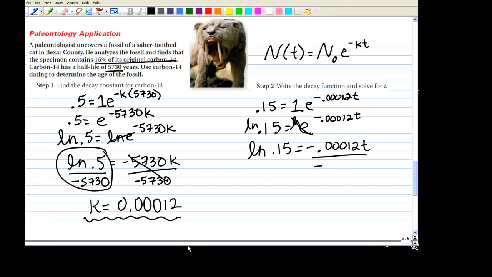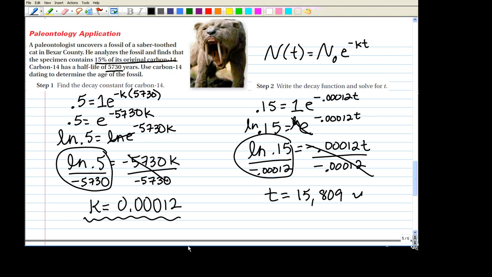To get t by itself, divide by this crazy long decimal. Are you tired of writing that yet? Negative 0.00012. And the fossil is, are you ready for this? About 15,809 years old once you have plugged that into the calculator. Pretty old, but there you have it.